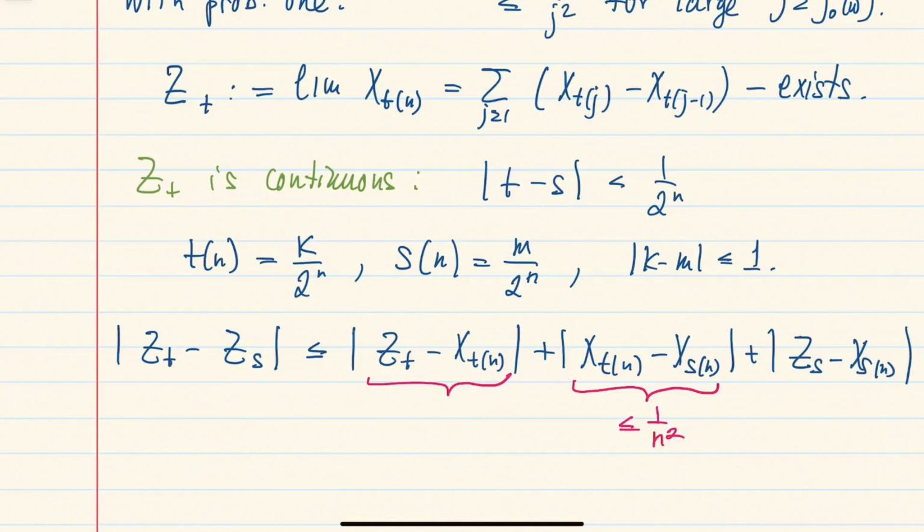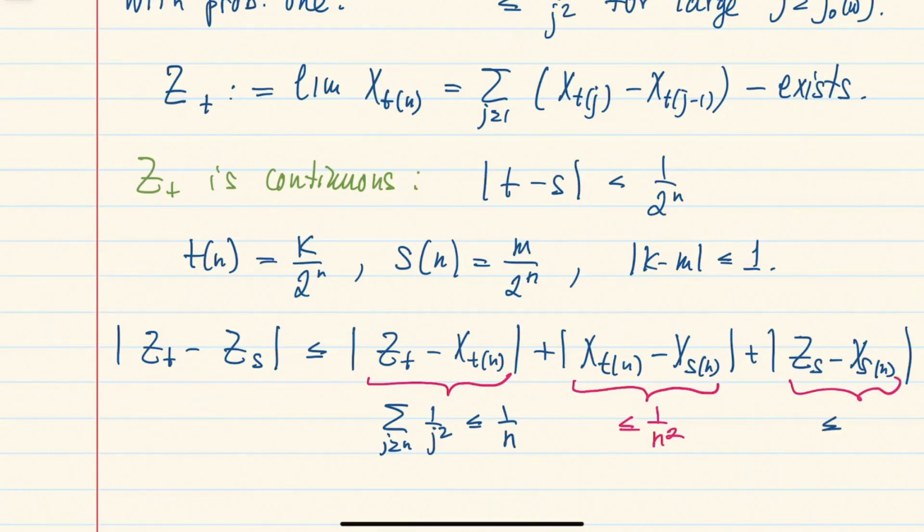So when you add up these errors, 1 over j squared starting from n, you will get something of the form 1 over n, right? It's still a tail of a convergent series, so it will be small for large n, and the same for this last term here.